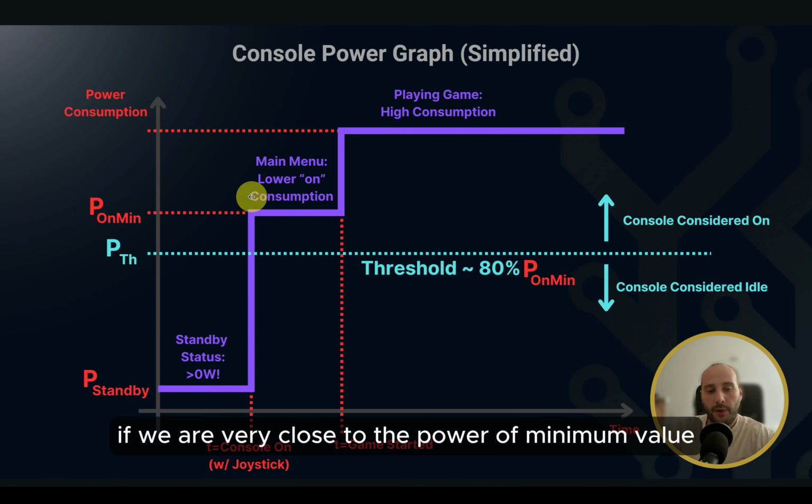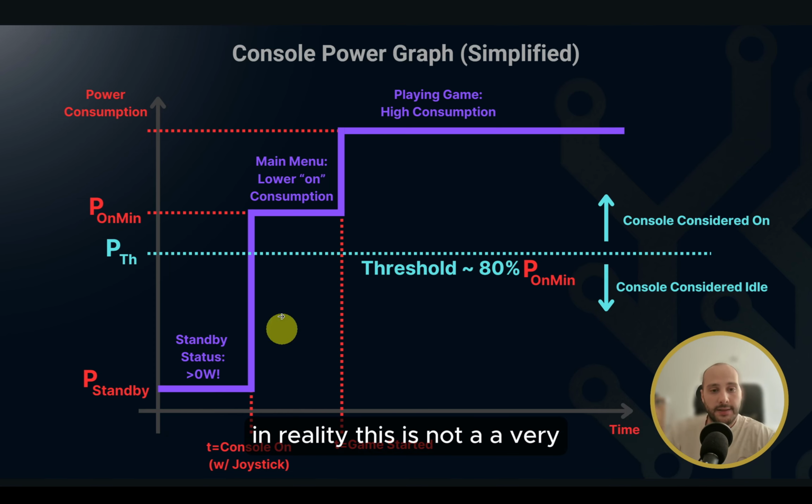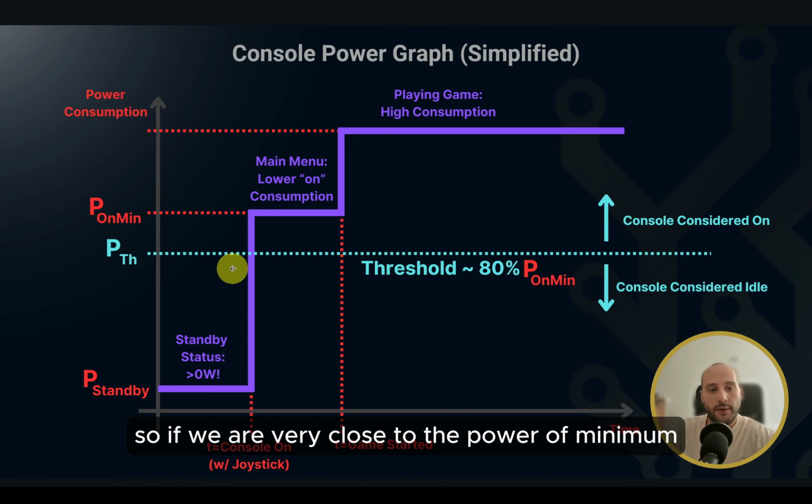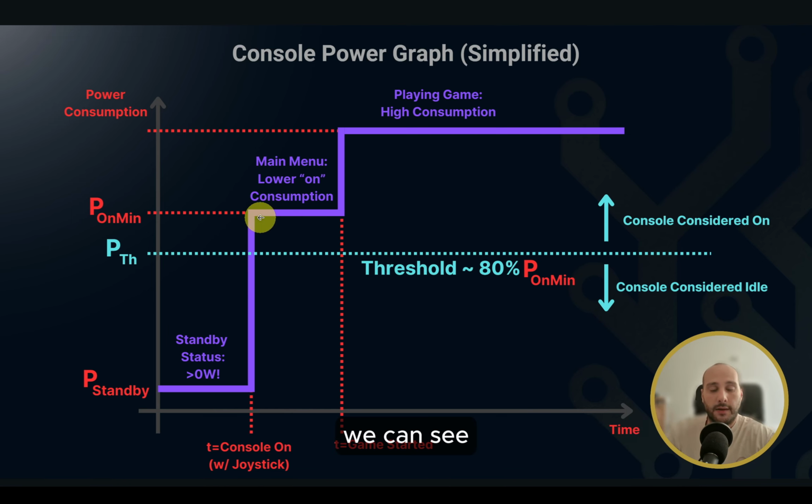Because if we are very close to the power on minimum value, in reality this is not a straight curve. It has a little bit of ripple, so these are not constant values. So if we are very close to the power on minimum, we can see some bad behaviors, or it takes too long to trigger the scene that we are going to trigger.